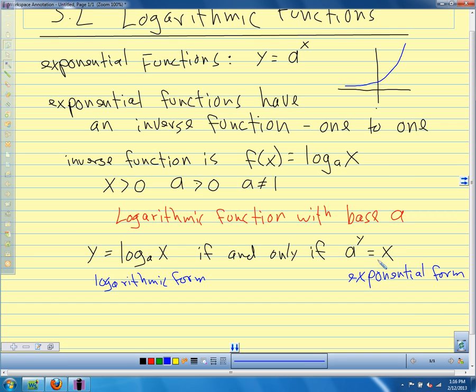So what I want to do is do a little practice switching back and forth between logarithmic form and exponential form. Let's look at a couple of examples. Any questions before we move on? Okay.